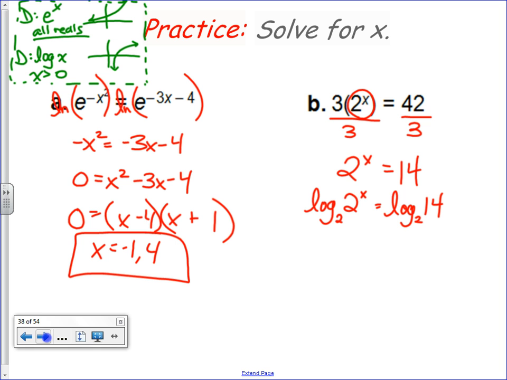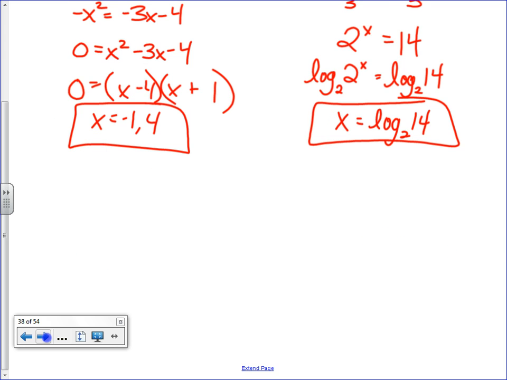So if it's 2, then it's 2. What's log base 2 of 2 to the x? Is she right? Yeah. Booyah. However, can someone tell me another way that could be written? How can I write log base 2 of 14 in another way? Like maybe a more common way or a more natural way? 2 to the power of x equals 14. Well, but that goes back here and I don't know what x is.